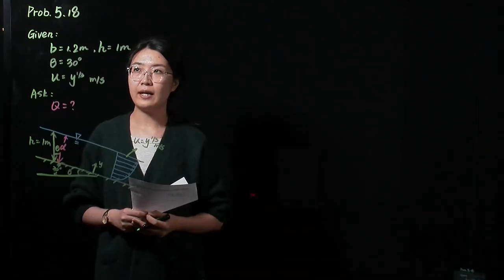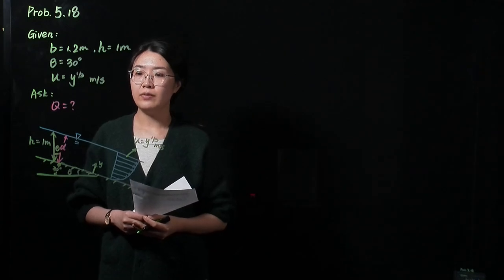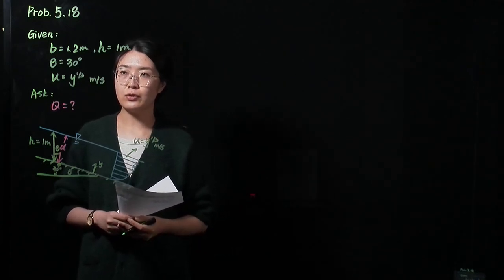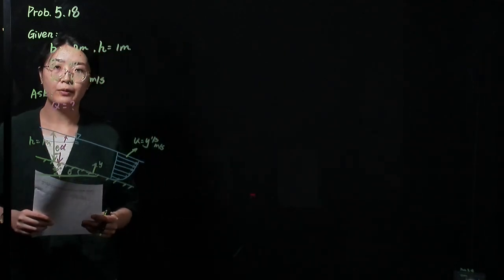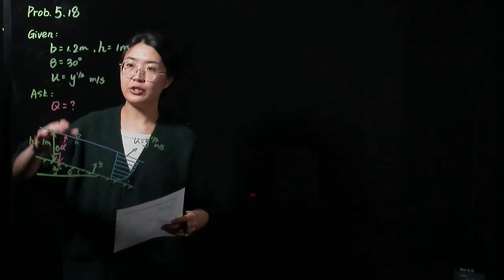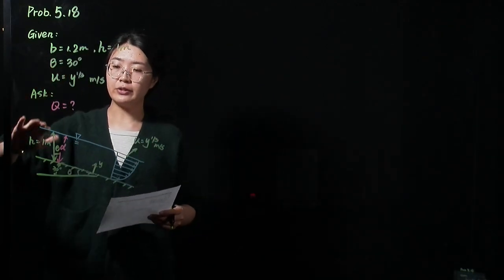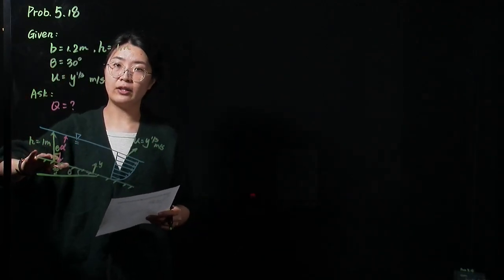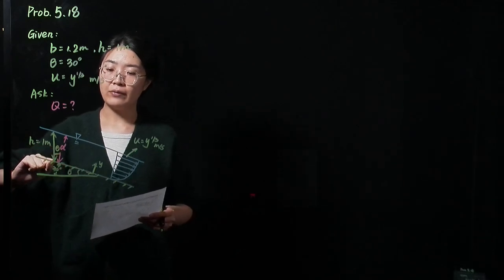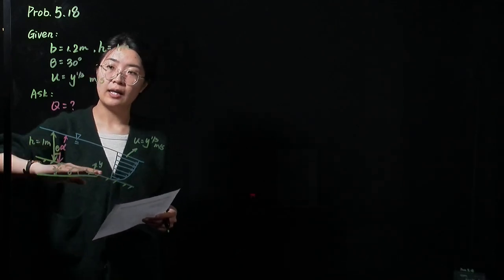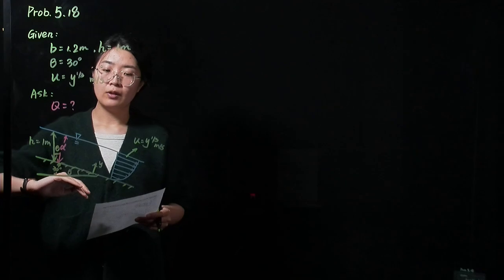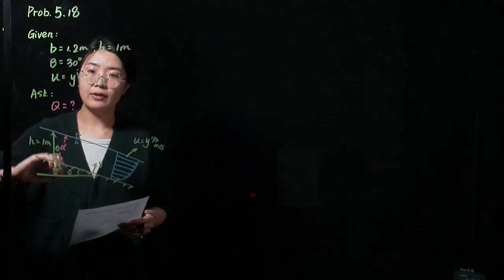Now let's take a look at problem 5. In this problem, there is a channel used to transport water. We know the width of the channel is 1.2 meters. We also know the vertical depth of water in this channel is 1 meter. And the angle of this channel is 30 degrees. It also provides us the velocity.